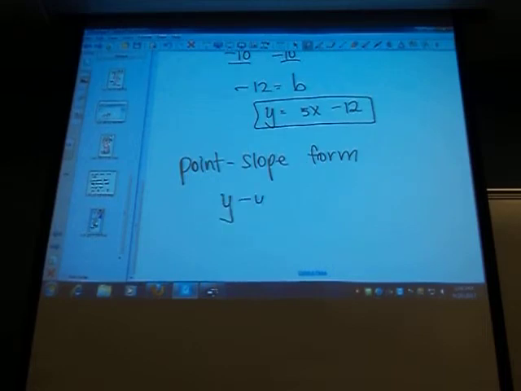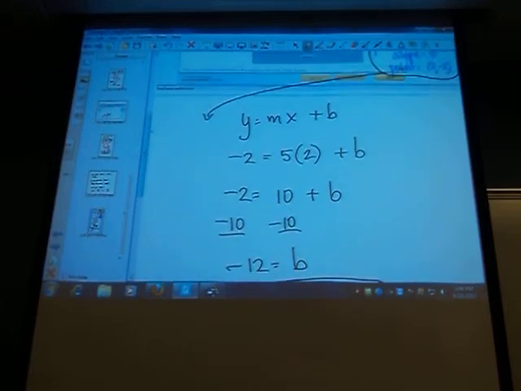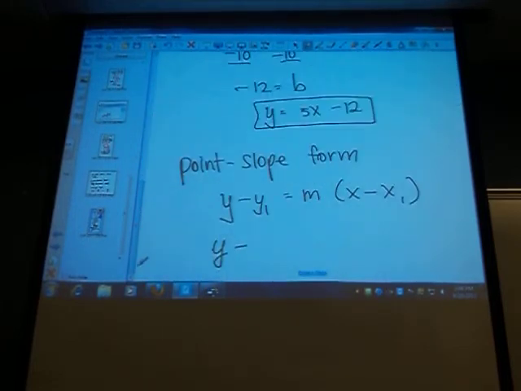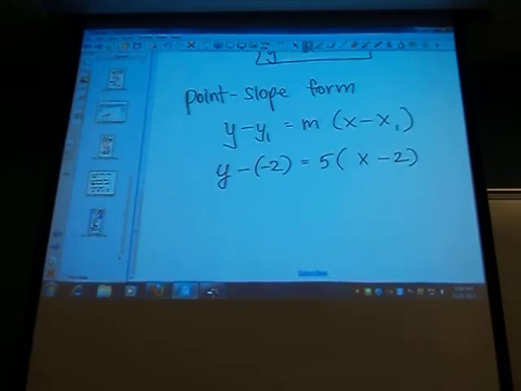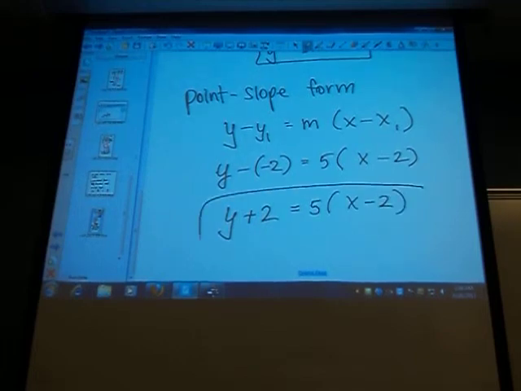Point slope form is y minus y1. I have y minus, what was y1? -2, equals 5 times x minus 2. So all I would do there is change my minus -2 to y plus 2 equals 5 times x minus 2. That's the point slope form.